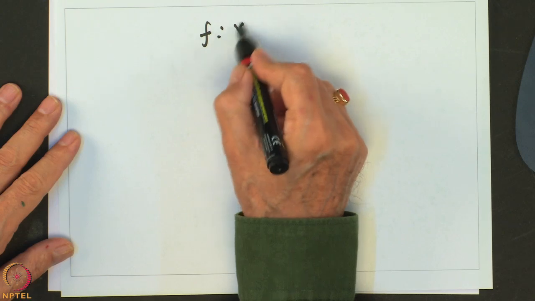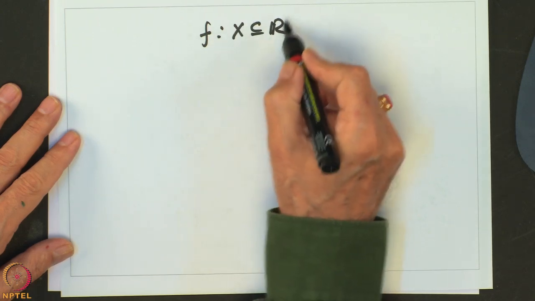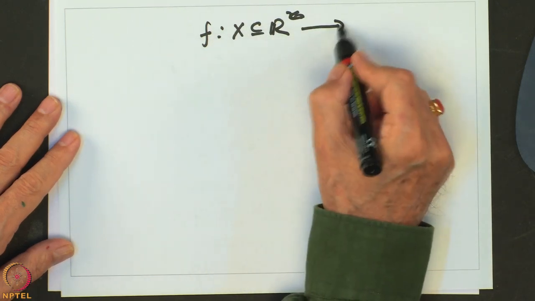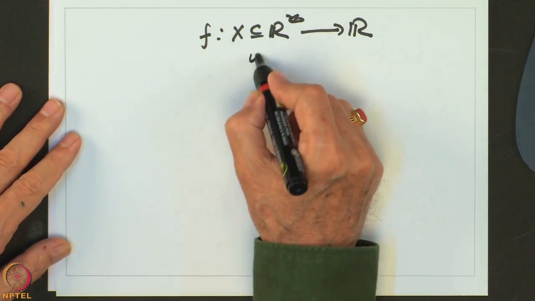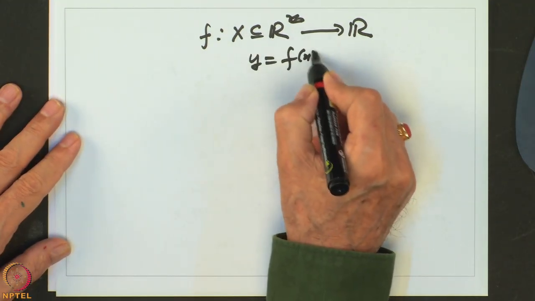Let us also define another property of functions. Let us say f is a function from R to R, so y is equal to f of x.